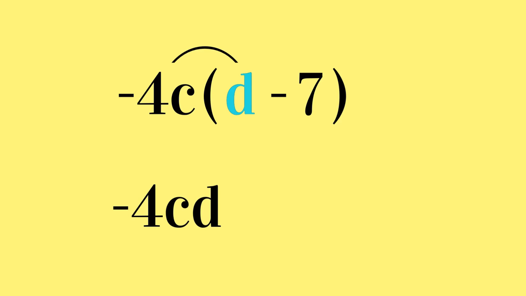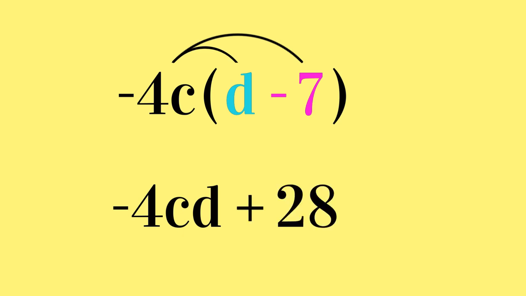Then we multiply negative 4c and negative 7. Negative 4 multiplied by negative 7 is positive 28, so we have positive 28c. So the final expression is -4cd + 28c.